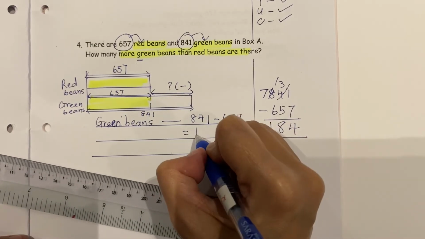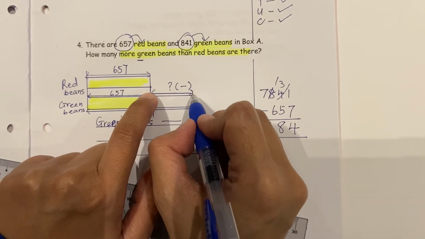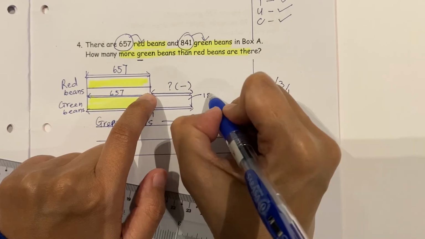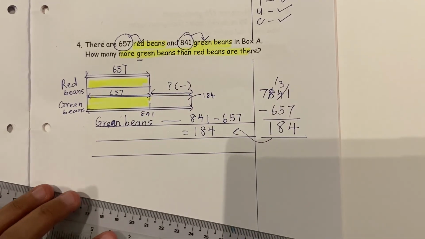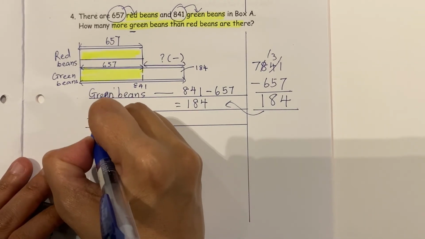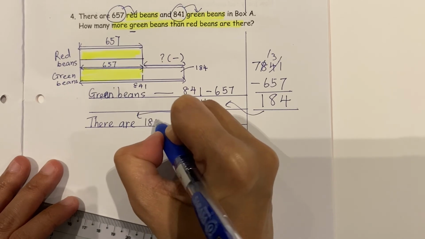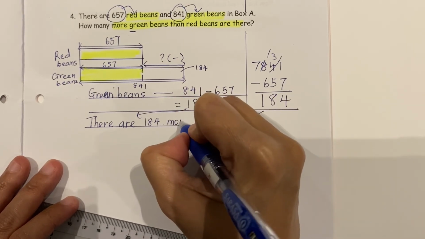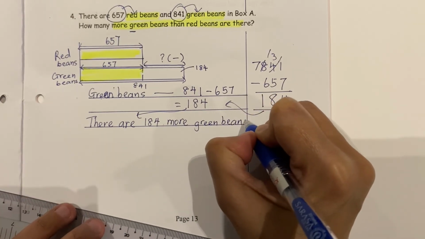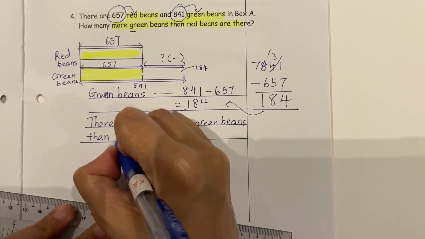So your answer is 184. So now we know this extra here, from here to here is 184. Okay, so how many more green beans than red beans? There are, bring this down, 184 more green beans than red beans.